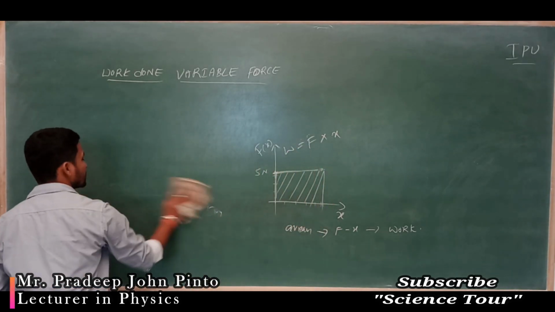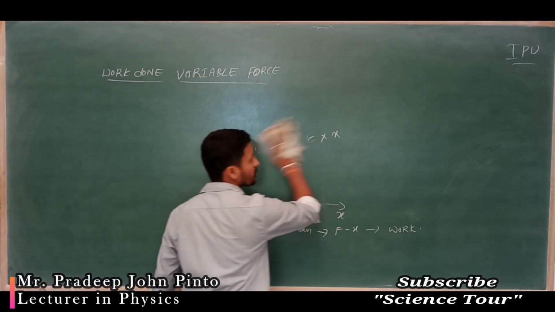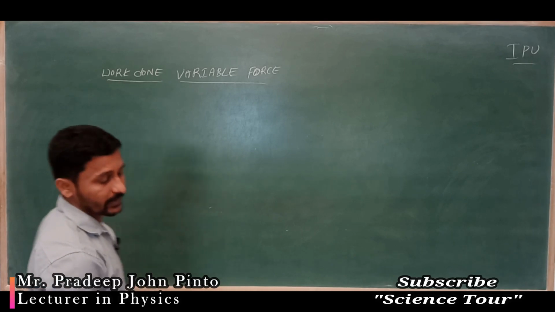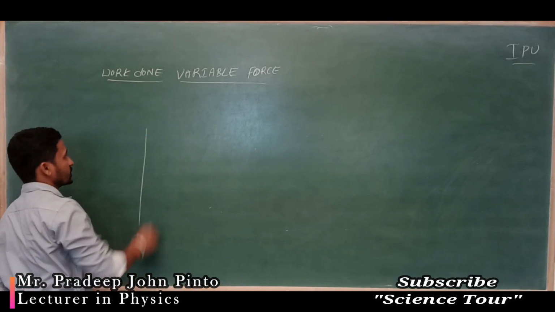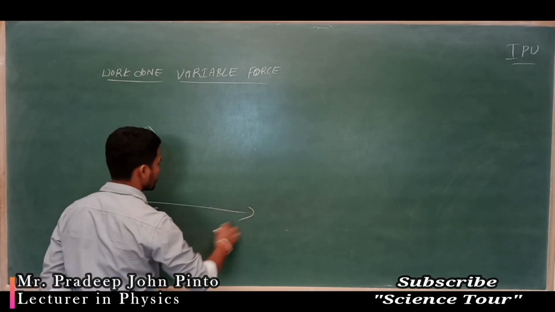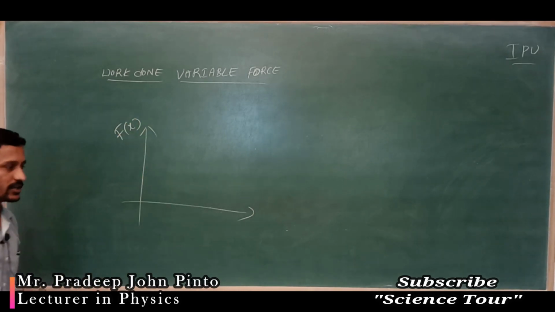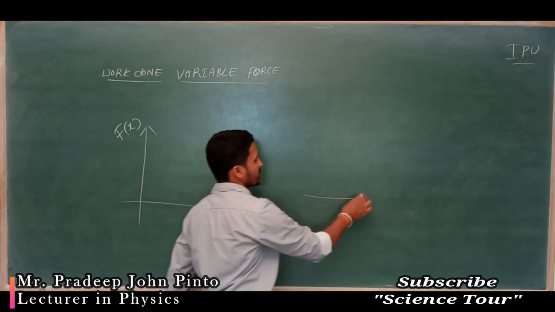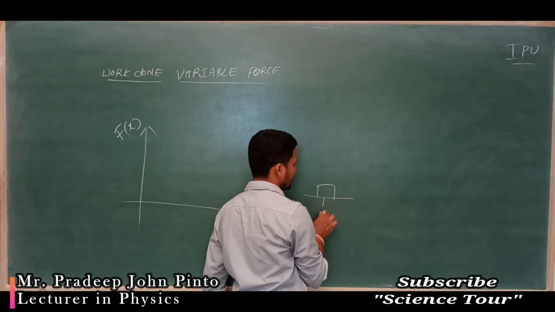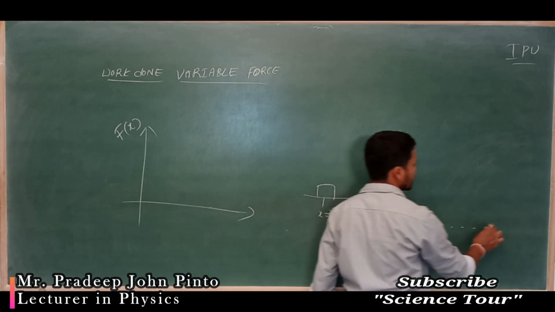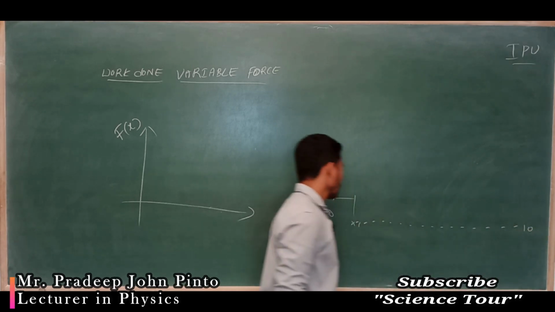Now the same concept, the same rule, if I apply it to a variable force. Suppose this is f of x, because the force depends on position. x is equal to 0, 1, 2, 3, 4, 5, 6, 7, 8, 9, 10. What happens?